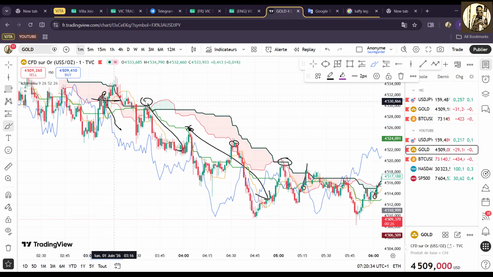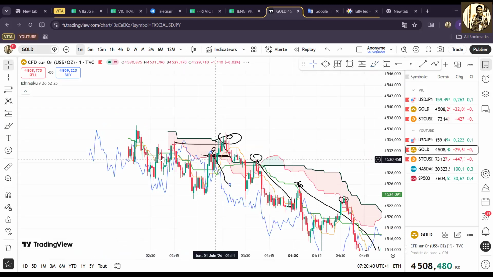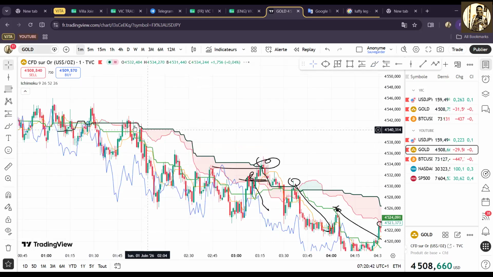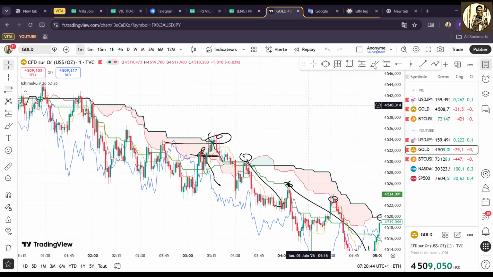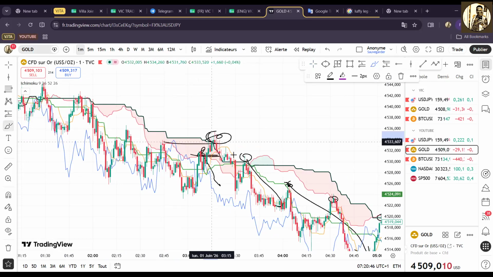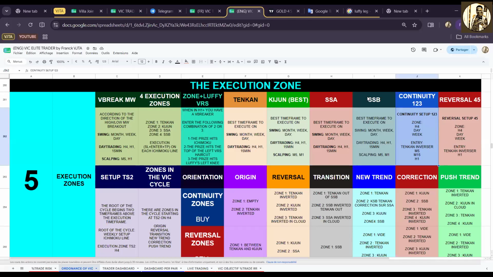You can sell at this point, place your stop loss here, but it gets broken. Rather than selling on SSA in 1 minute on small time frame, better go and sell directly at SSB. Prefer to sell SSB than SSA. That's why here on SSB I placed the scalping. You can scalp and enter in SSB.